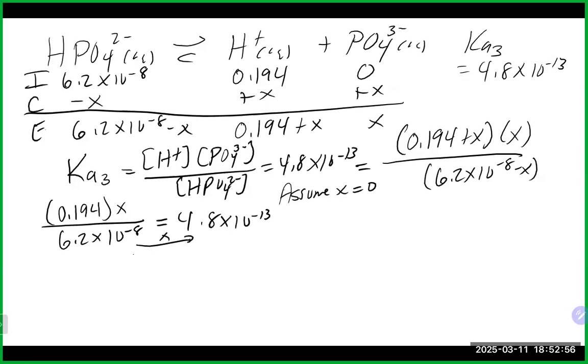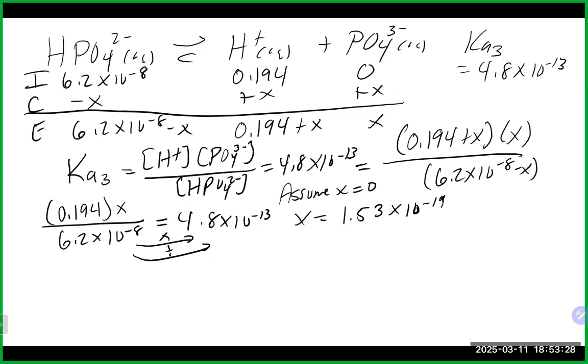We're going to multiply and then divide. So we're going to take 4.8 times 10 to the minus 13, multiply it by 6.2 times 10 to the minus 8, then divide it by 0.194. And that is going to get us, dare I say, an x value of 1.53 times 10 to the minus 19, I think is what my calculator says.